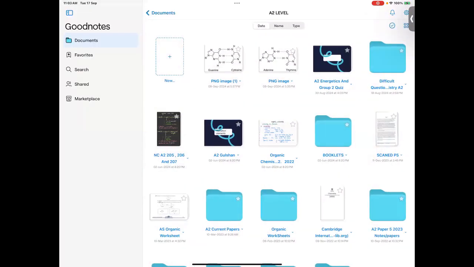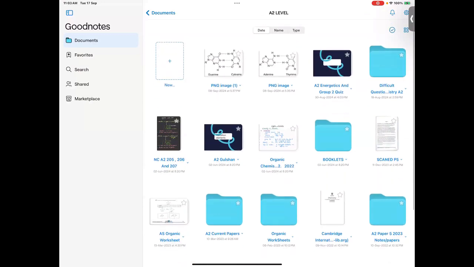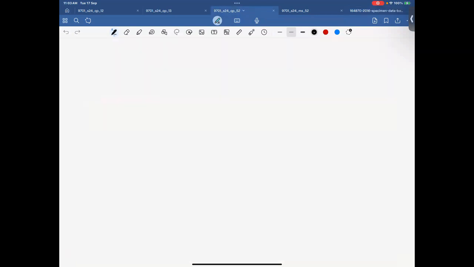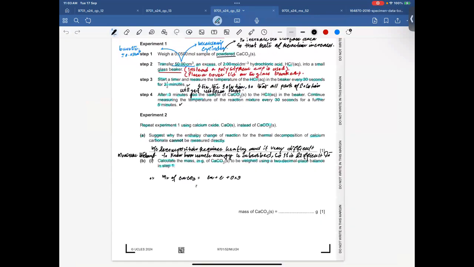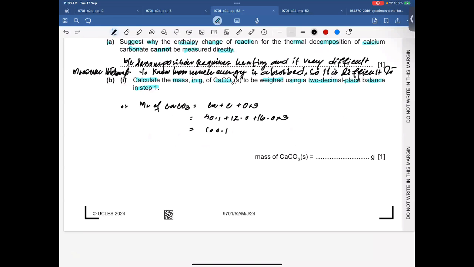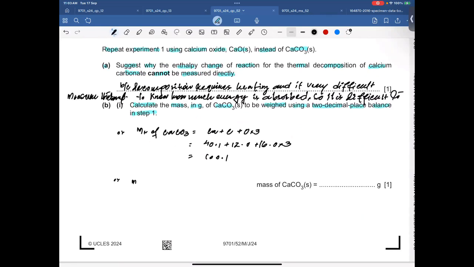Let me check the data booklet first. Yeah, calcium is 40.1. I was right. Carbon is 12.0. Oxygen is 16.0 times 3. So it's going to be 100.1. We need to find out the mass of calcium carbonate.